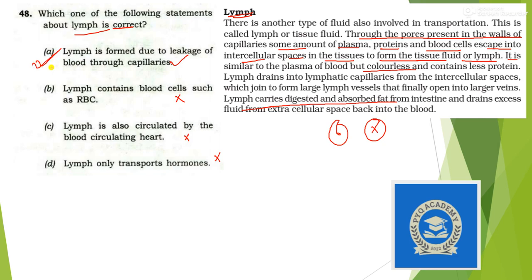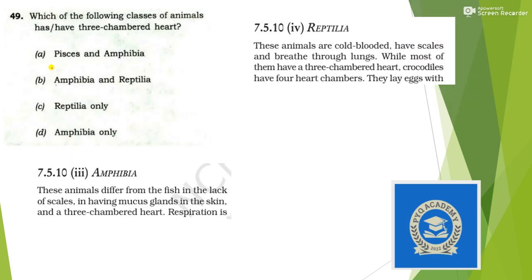Now let's move to the next question. Which one of the following classes of animals has a three-chambered heart? There are two classes of animals with a three-chambered heart. First is amphibians, and second is reptiles, that is Reptilia.